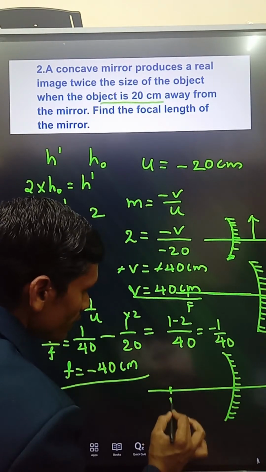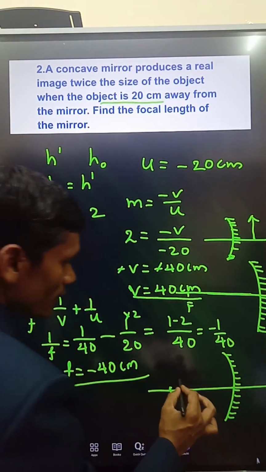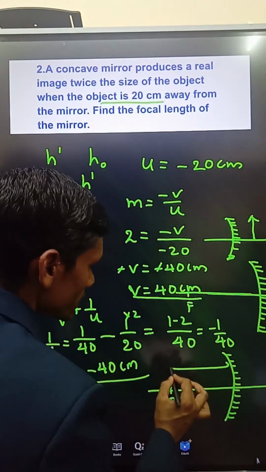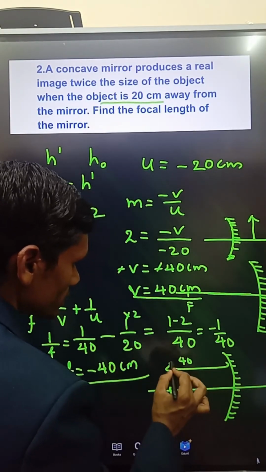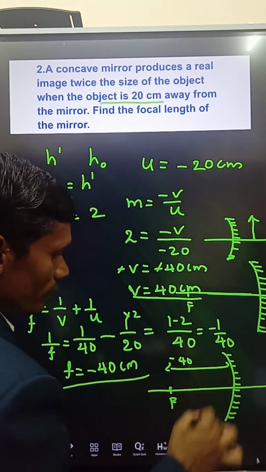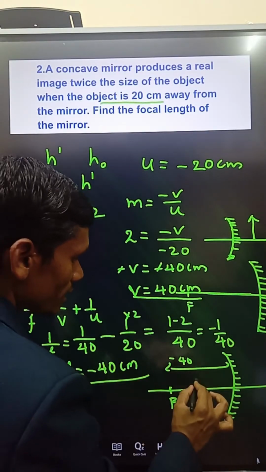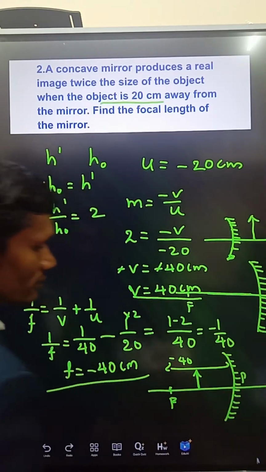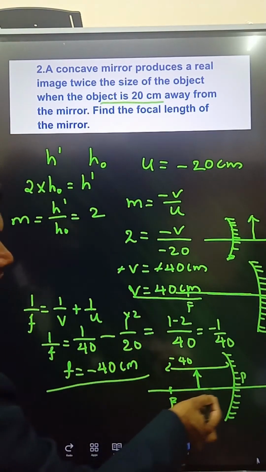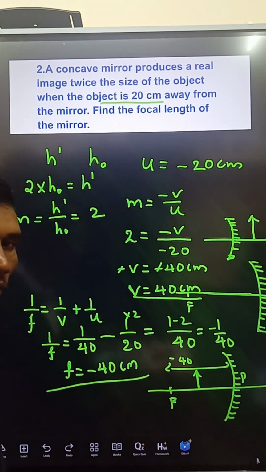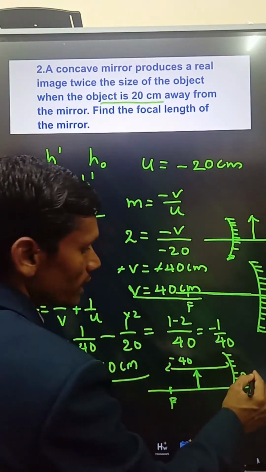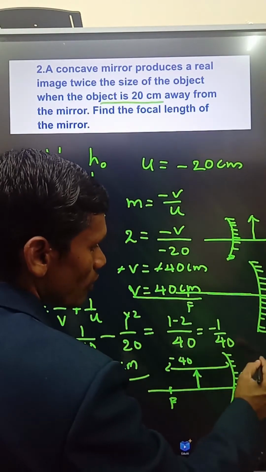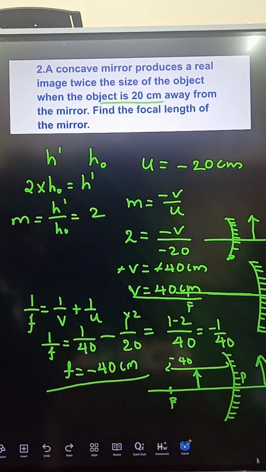Okay, focal length is total 40 centimeter. Whether that is right or wrong, we'll check, right? And now object is 20 centimeters, means what? It is coming in between P and F or not? If the object is coming in between P and F, the image will always be virtual and erect because it is formed behind the mirror, as you know already, right?